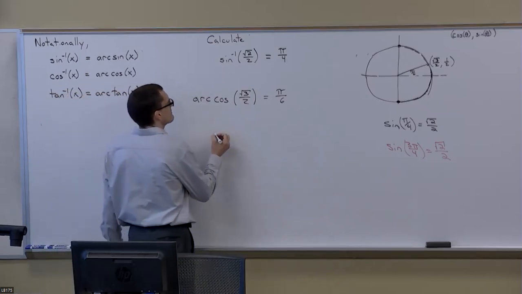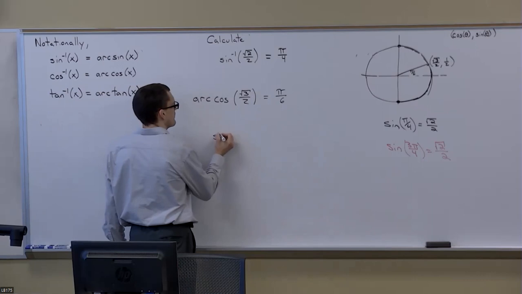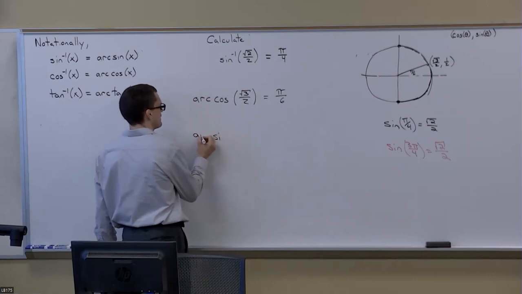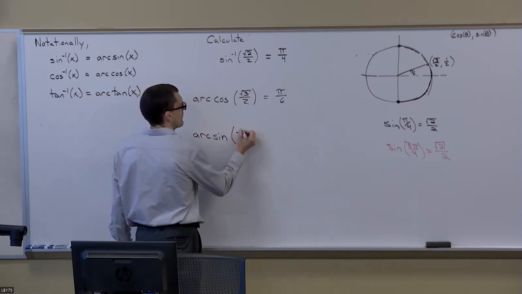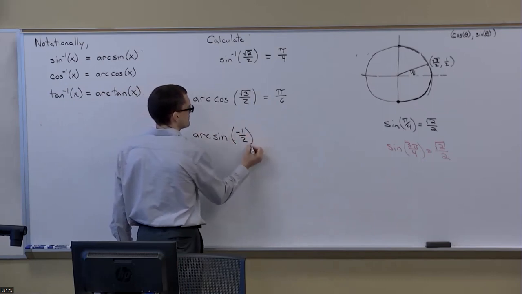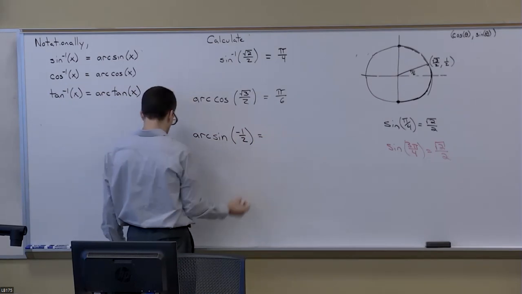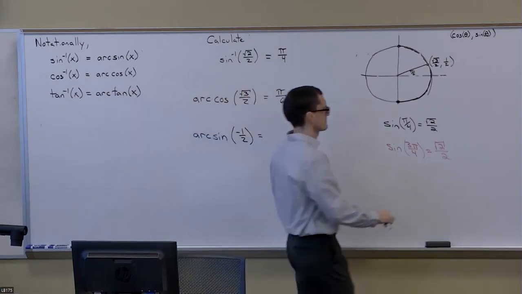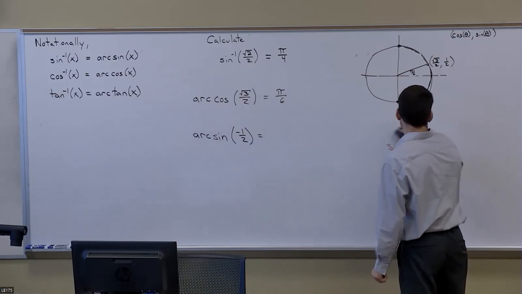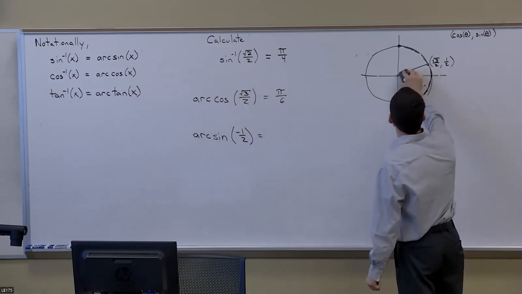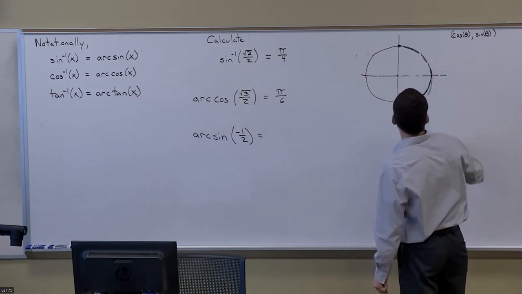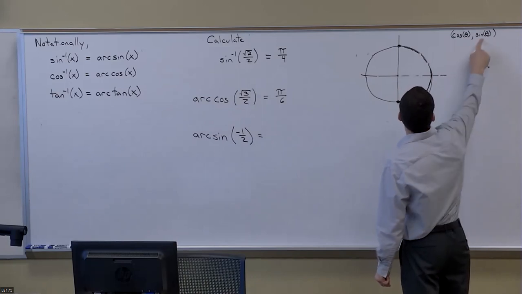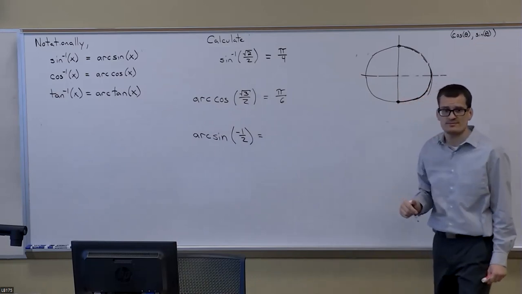Let's do this. Let's say we want to do arc sine of negative 1/2. There's two places on the unit circle where I get -1/2 as my second coordinate.